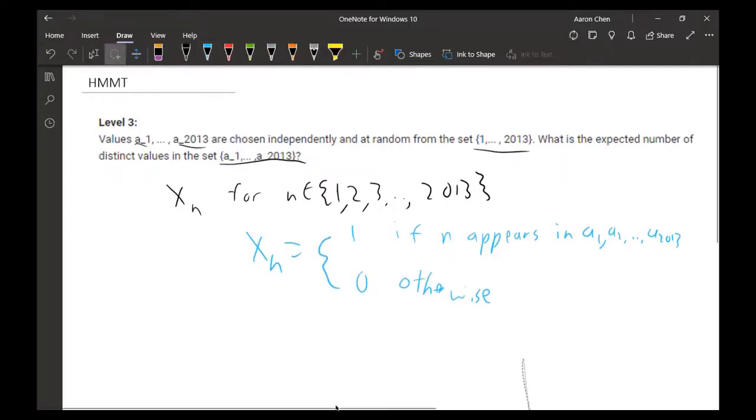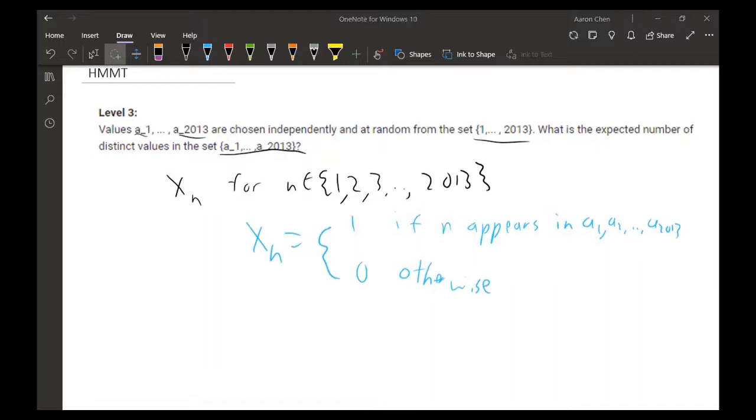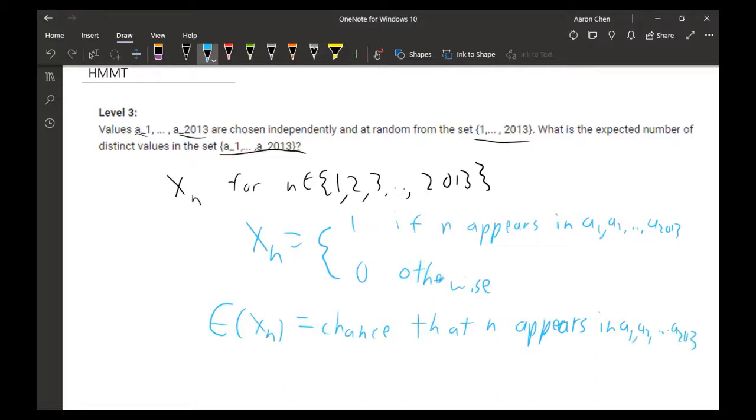And so we see that E of xn is simply the chance that n appears in the numbers A1 to A2013. Okay.